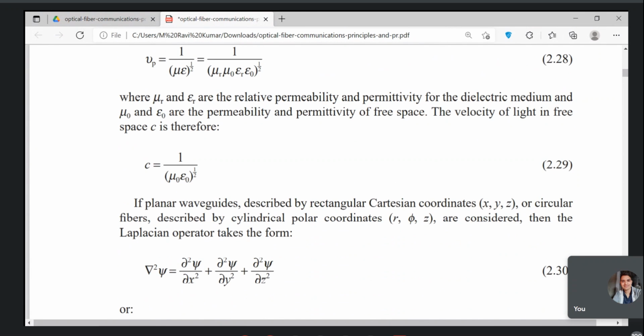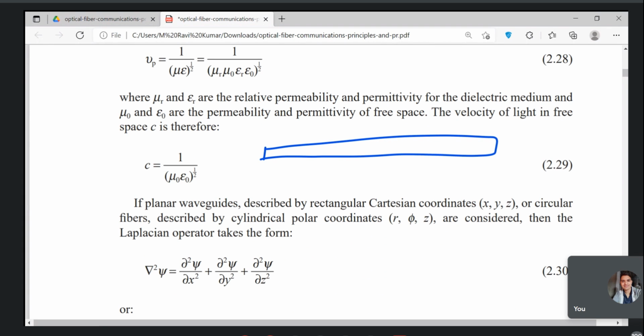Now, planar waveguides. Yesterday I talked about planar waveguides. A planar waveguide would be a sort of cuboid structure, right? In a cuboid structure, you can have light transmission and you can have total internal reflection and light going out.